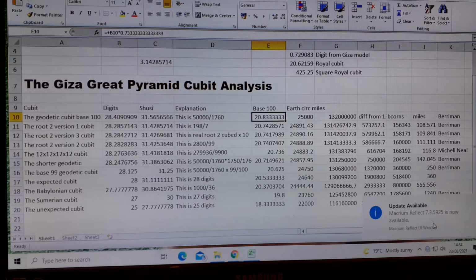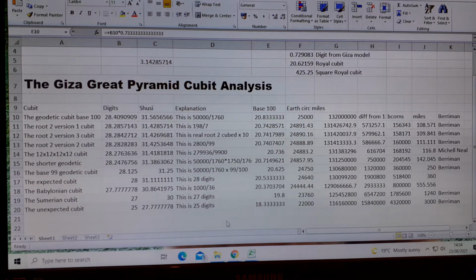Now, I'm not sure I've ever heard that from anybody, but that's what happens. And the reason it happens is because we're using 20 root 2 for the cubit. So if we multiply that by 10 over 9, we're effectively multiplying root 2 by 20 over 9. And that is pi.